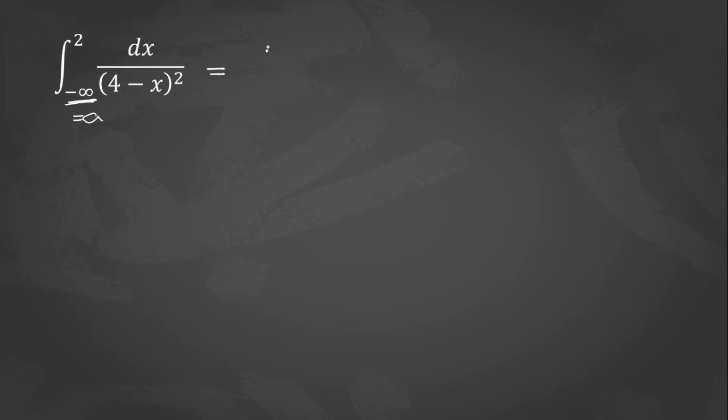So the resulting function will become the limit as a approaches negative infinity, with limits of integration from a to 2 and our integrand equivalent to 4 minus x raised to negative 2 dx. Now you may question why it is negative 2. You can apply here the laws of exponents.